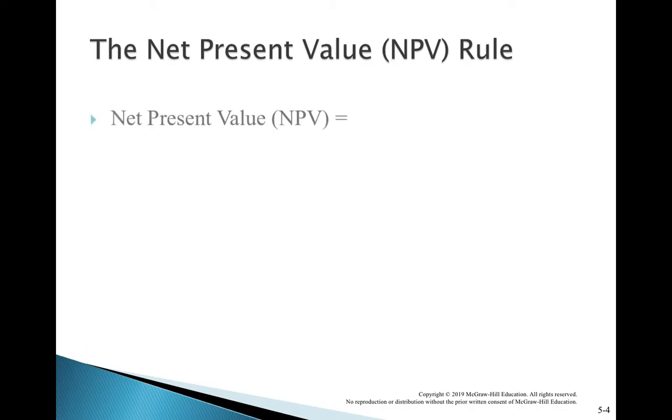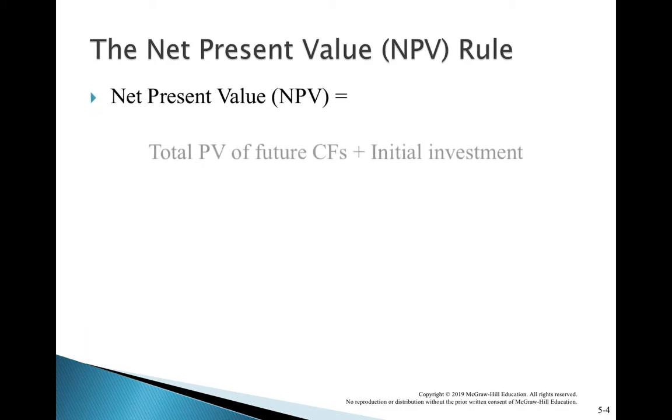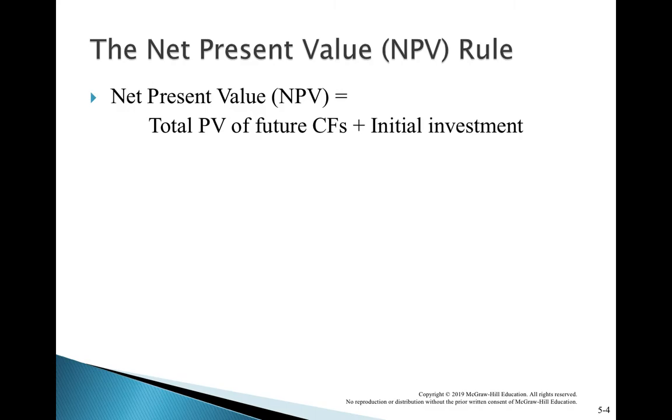Let us see the rule. Net present value is equal to the total present value of future cash flows plus the initial investment. As we have discussed in the previous example, after 1 year 10,000, after 2 years 15,000, after 3 years 20,000. And for this project, the initial cash outflow is, for example, 15,000.